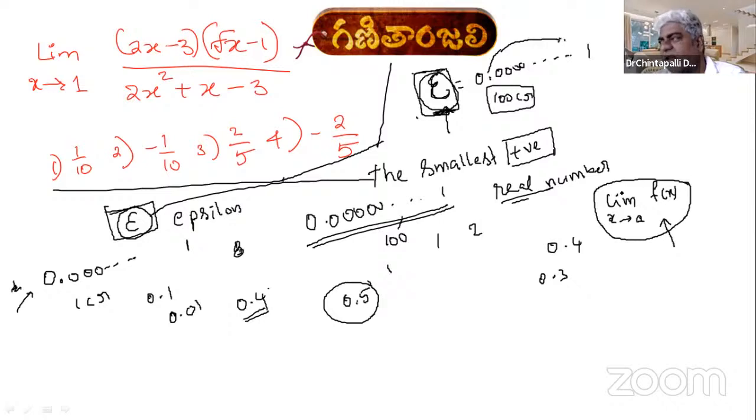It is nearly one week of syllabus in degree level. But at our intermediate level, +1, +2, limit x tends to a of f of x means the value of f of x when x approaches a.